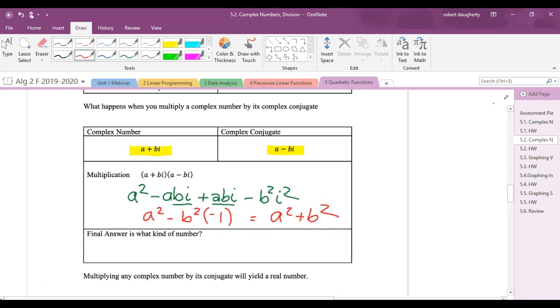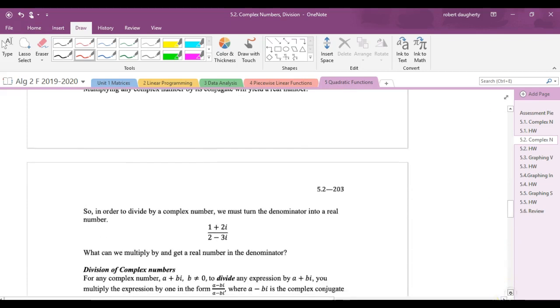What kind of number is a squared plus b squared? Is it complex? It's real. So the reason is, if I multiply a number by its complex conjugate, I will get a real number. That's the important step we need in order to divide by complex numbers.